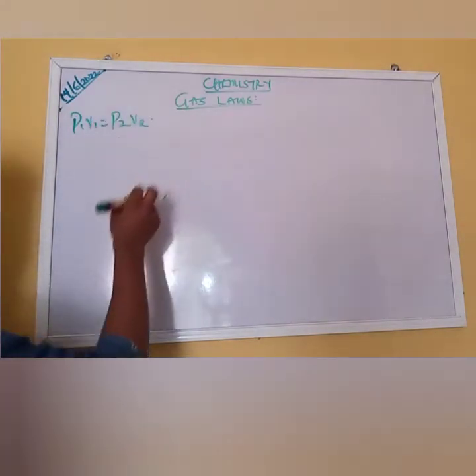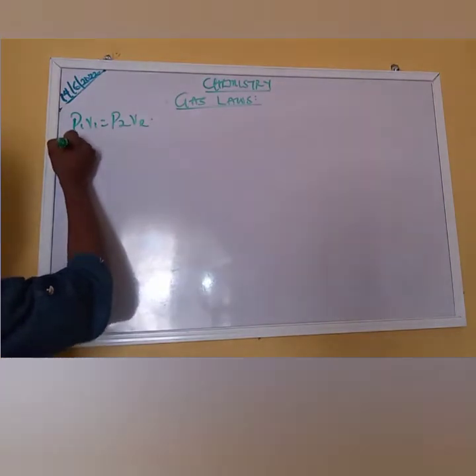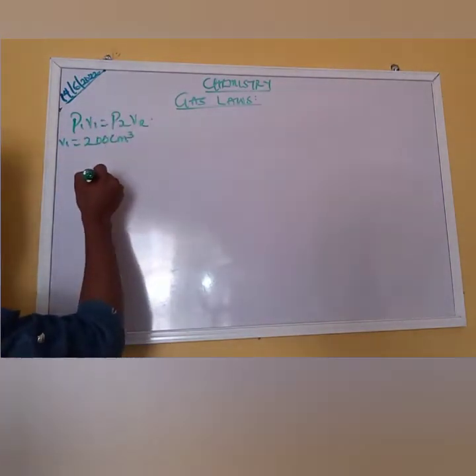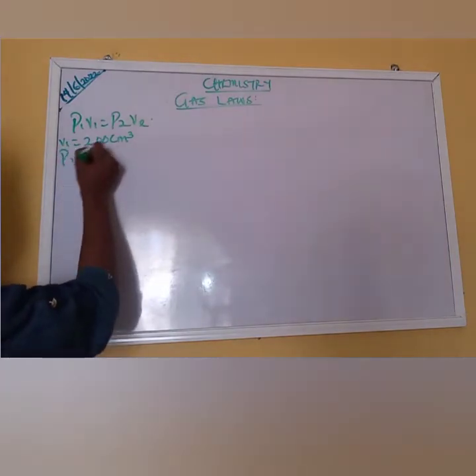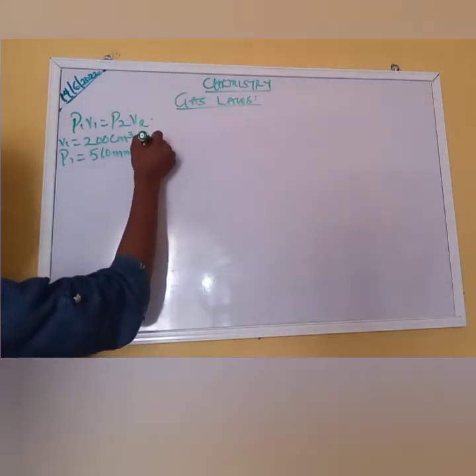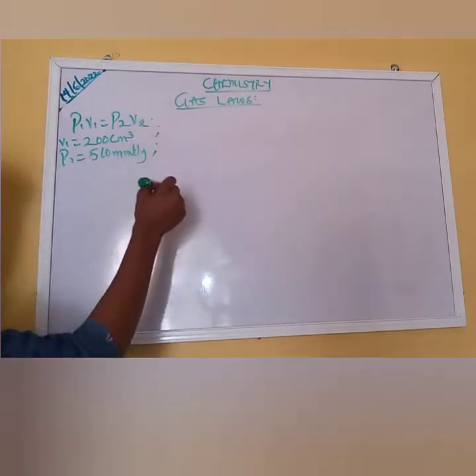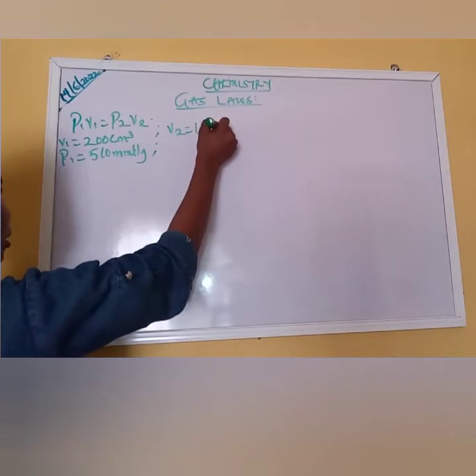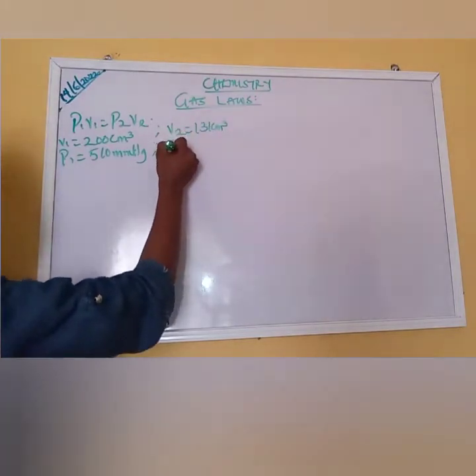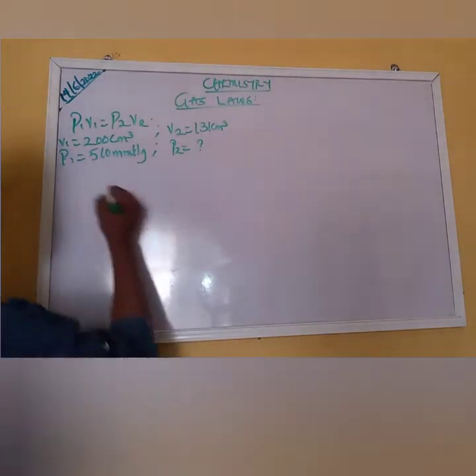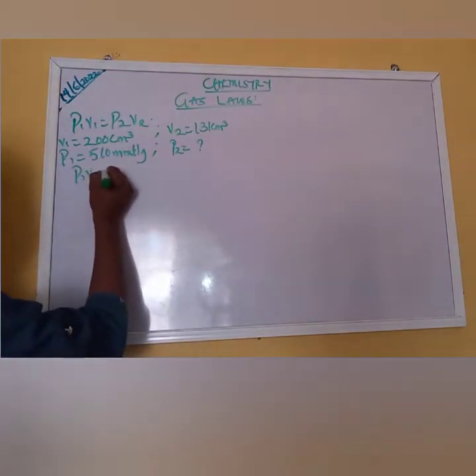My V1 is 200 centimeter cube, my P1 is 510 millimeter mercury, my V2 is 131 centimeter cube, and my P2 is unknown.